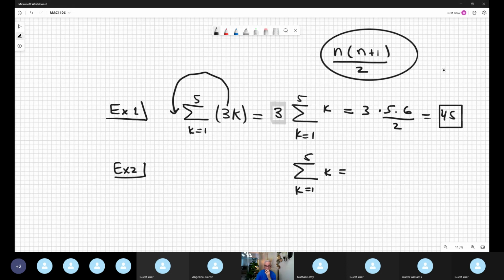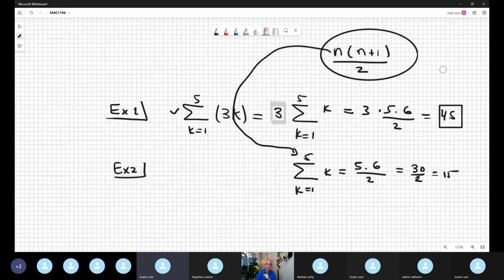But in this formula, n is 5. And this n plus 1 is 6, divided by 2. And this is 30 divided by 2, which is 15. And don't forget, of course, the 3 that we factored out, and 15 times 3, 45. Now, got it? Got it. Exactly.